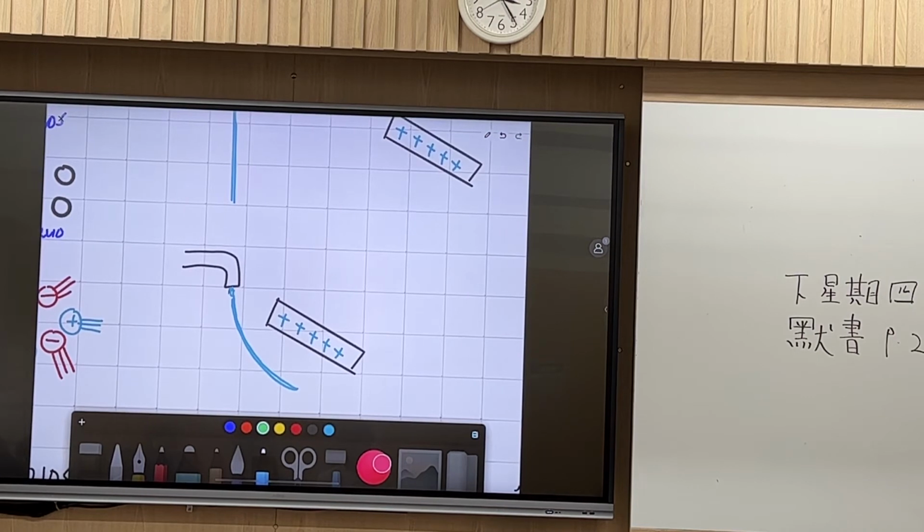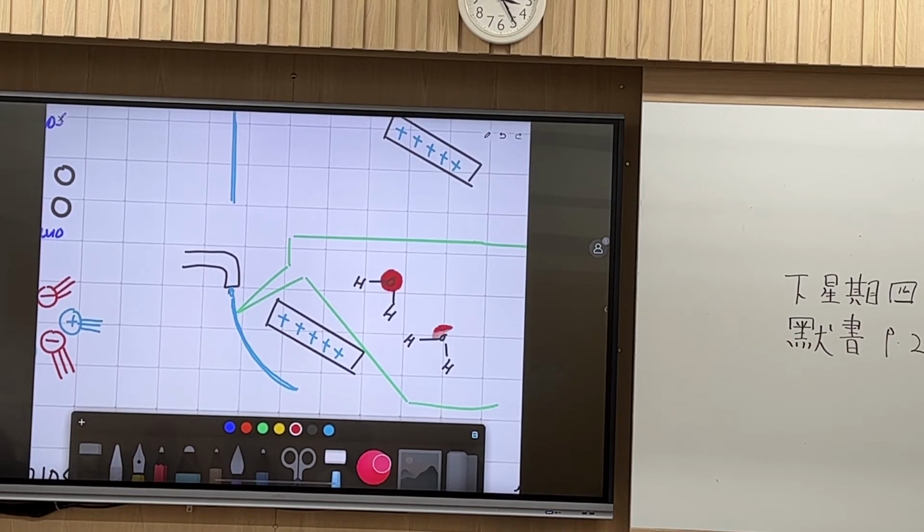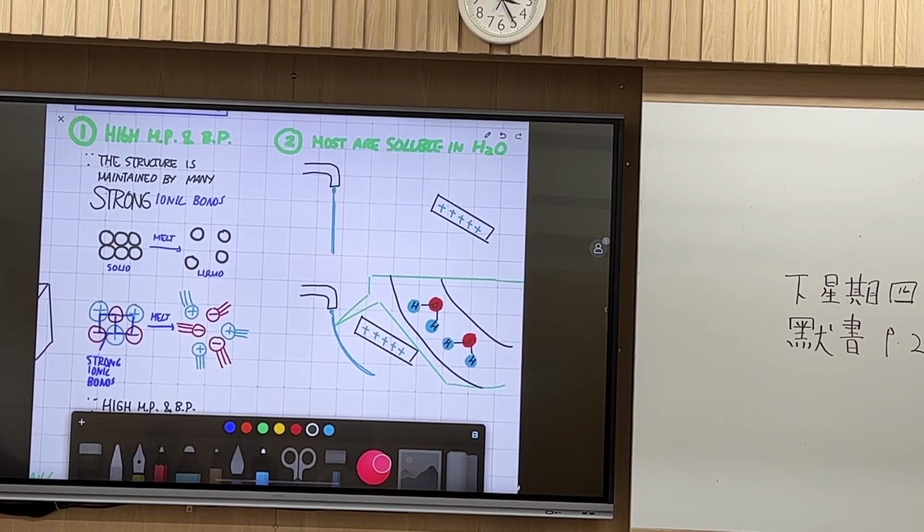When you look at it very closely, water has 2 ends: an oxygen end and a hydrogen end. The oxygen end is negatively charged. The hydrogen end is positively charged.